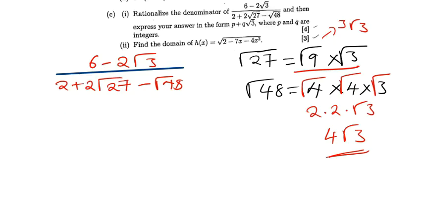Let me start with the numerator, 6 minus 2 root 3, over 2 plus root 27, which has now been simplified to 3 root 3, and then minus root 48, which is 4 root 3.